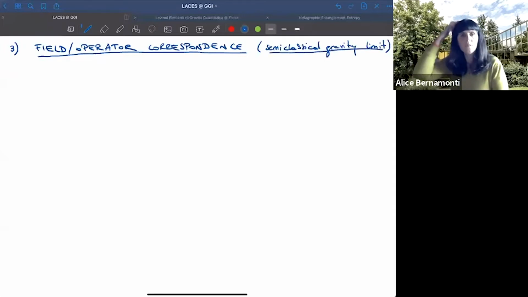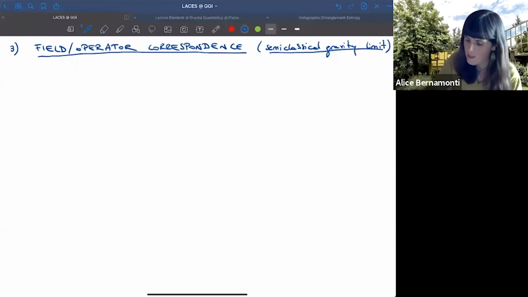So essentially, we are doing a quantum field theory in some curved background. As I said before, we will start from our reference example and then try to extrapolate the dictionary to general dualities.